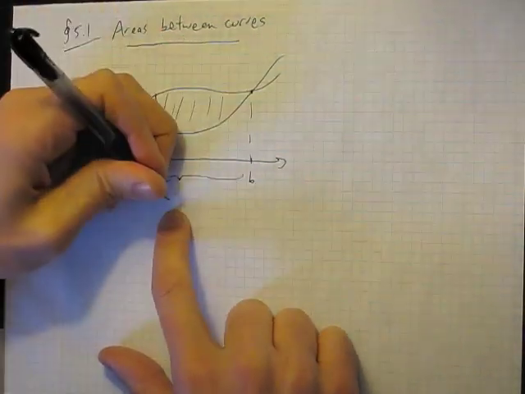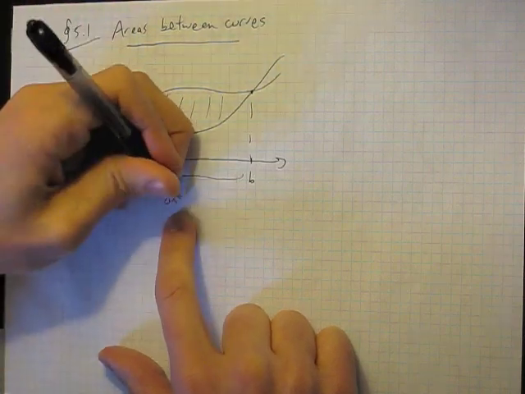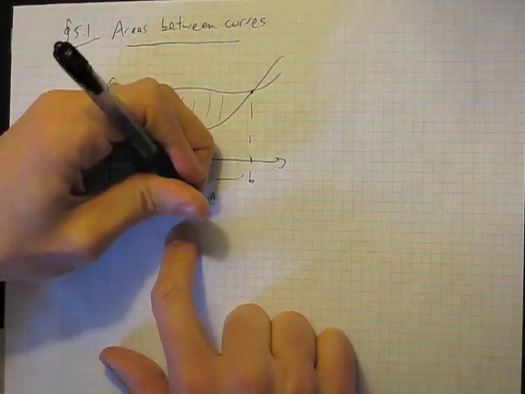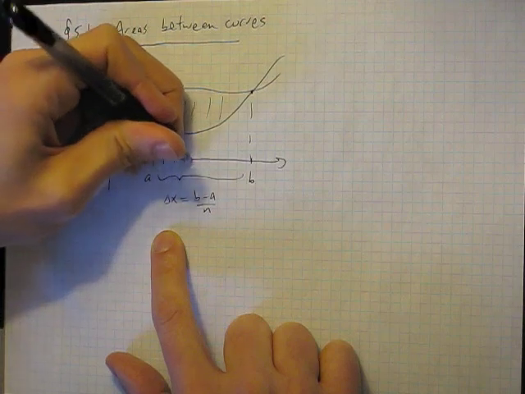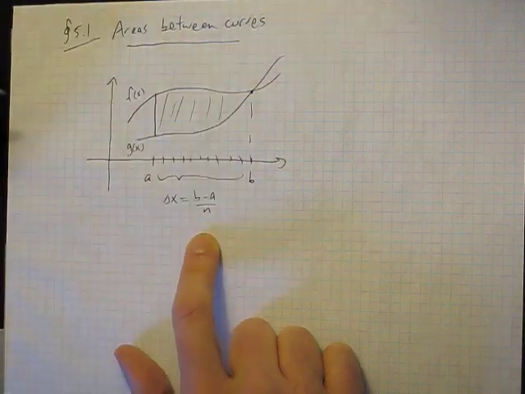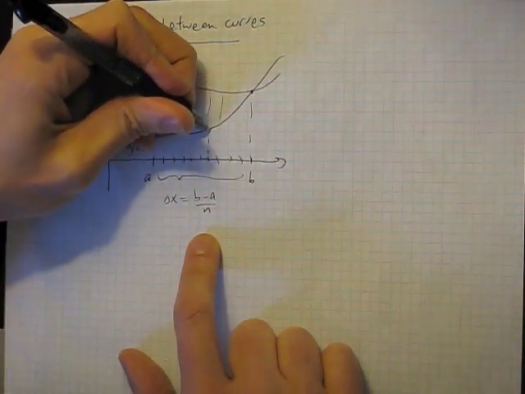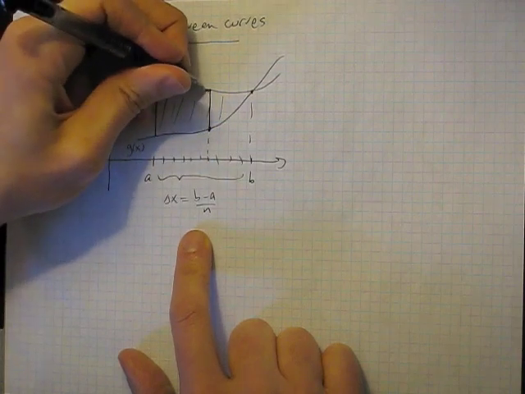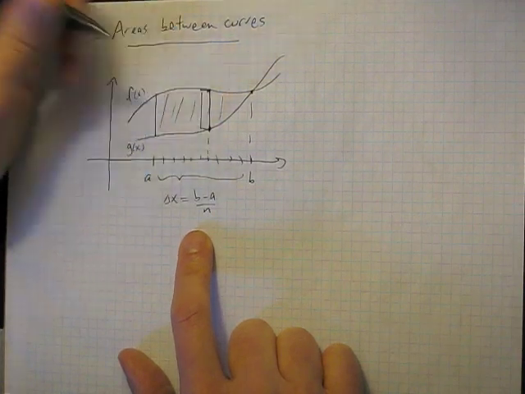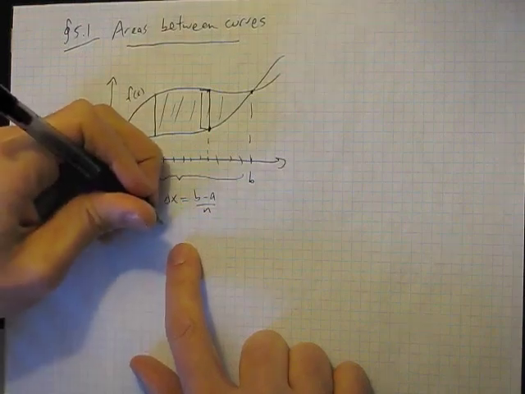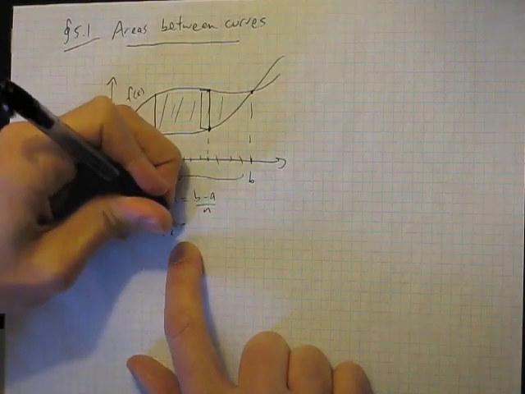Okay, so recall delta x is b minus a over n, and we're going to cut this up into n pieces. And what I want is the formula for the area of one rectangle of that height. The xi's are the same.